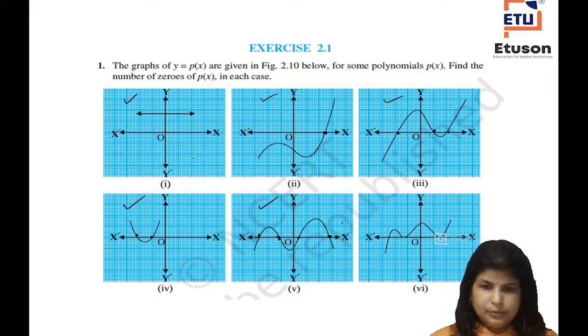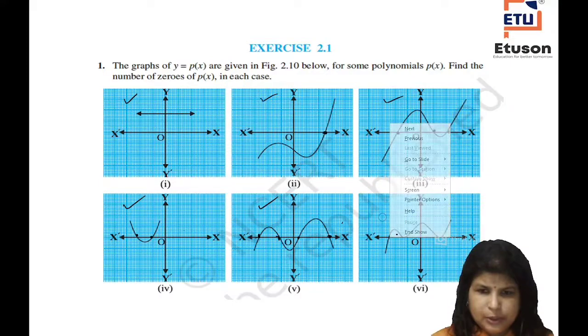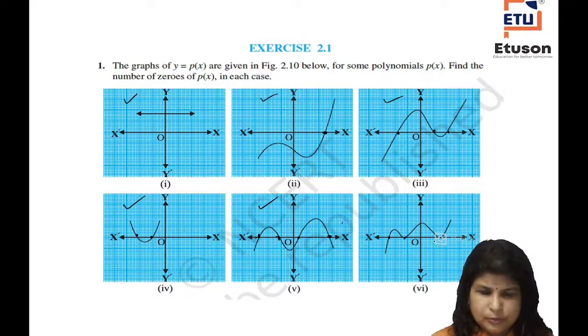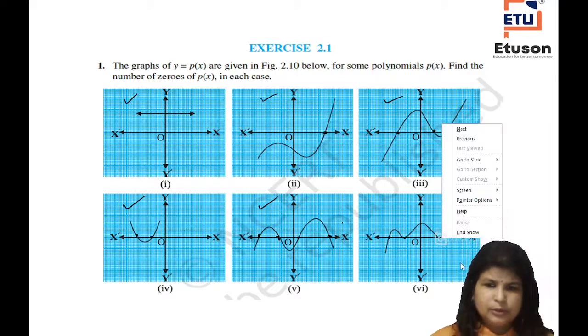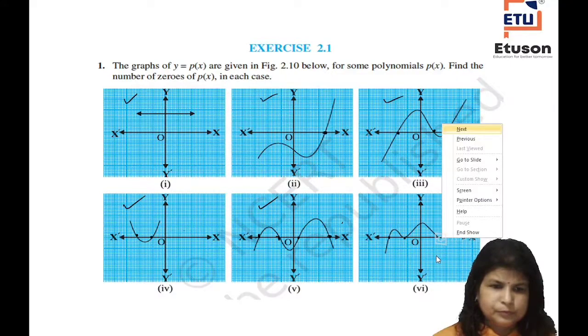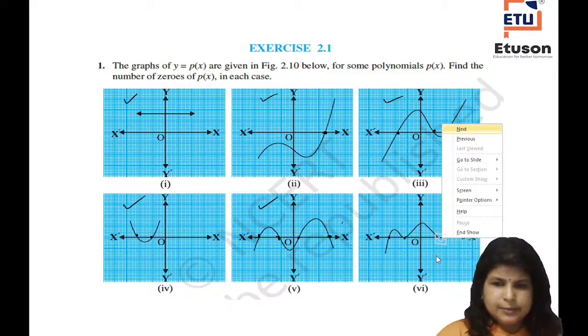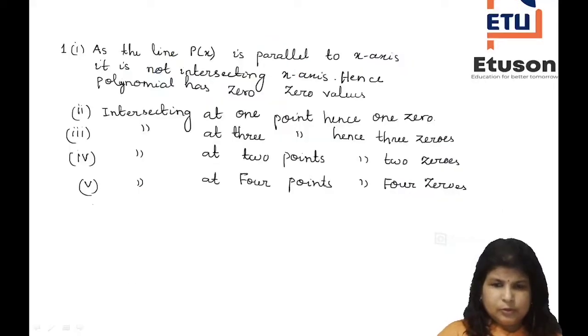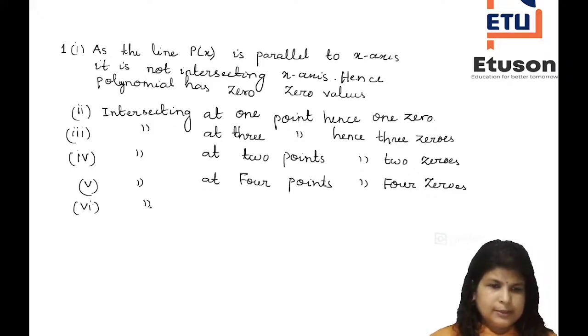Now let us go to the last problem. Here, at how many points is it intersecting? 1, 2, 3. Right? So the graph is intersecting the axis.